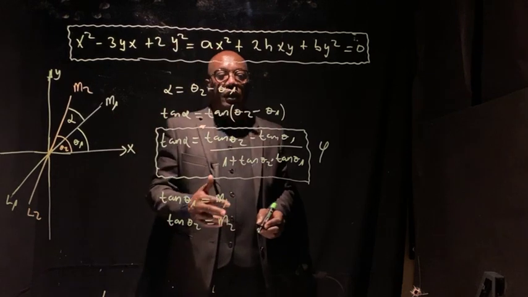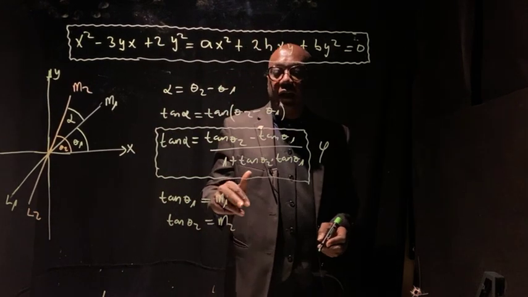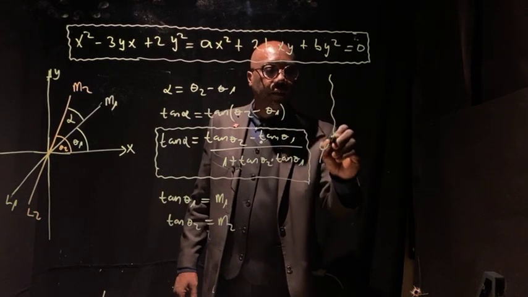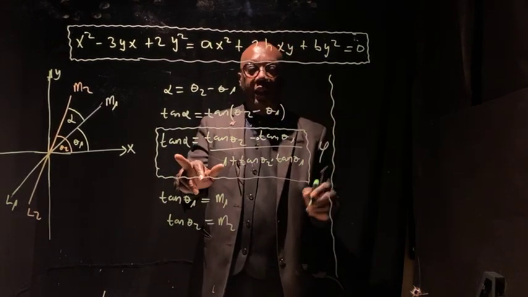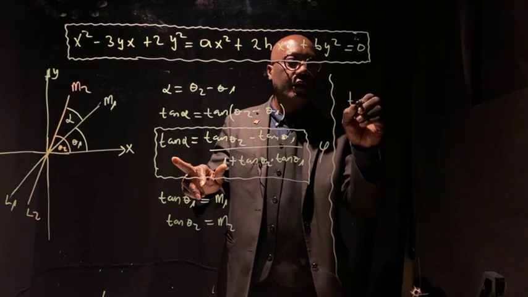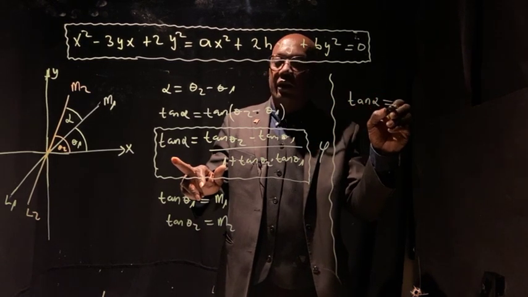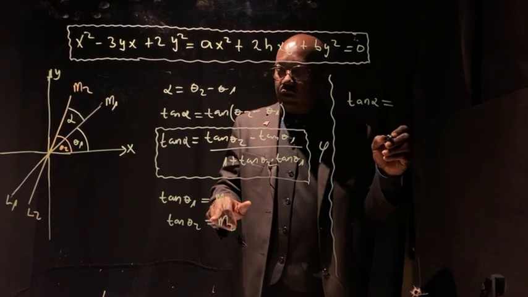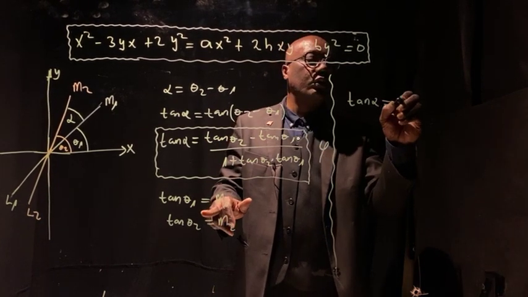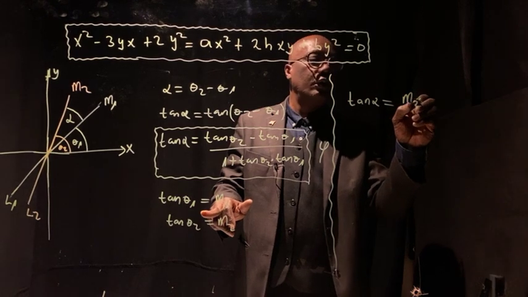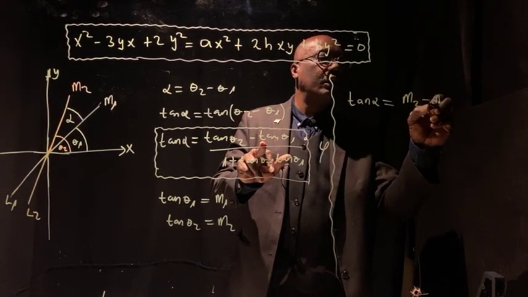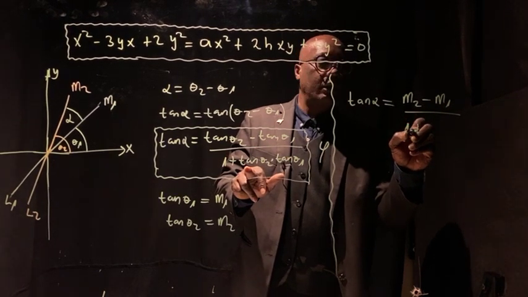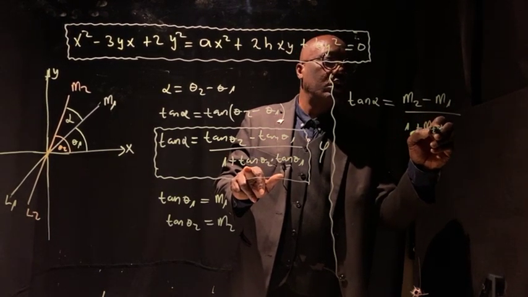In that brevity, equation 5 can also be rewritten as tan alpha equal to m2 minus m1 all over 1 plus m2 m1.